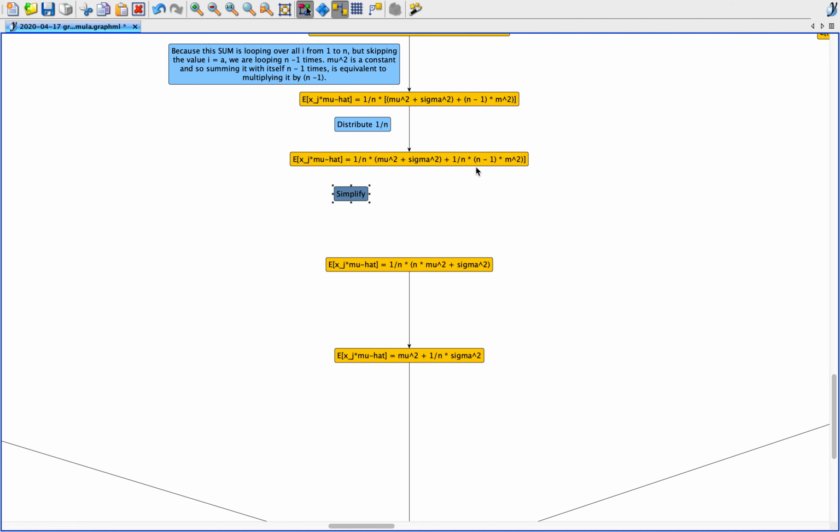1 over n times n minus 1 is equal to n minus 1 divided by n.